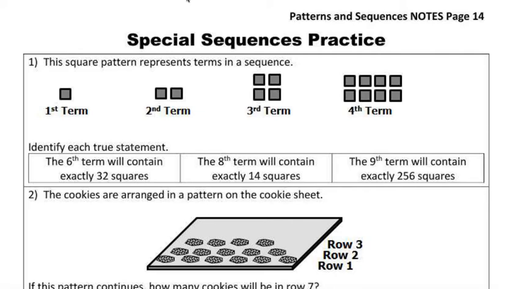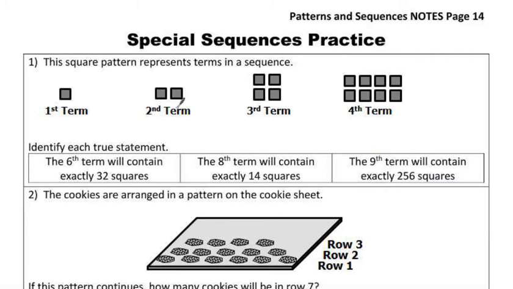So if we look at the first problem here, it says this square pattern represents the terms in a sequence. Identify each true statement. So we have three different pieces to choose from. It says the sixth term will contain exactly 32 squares, the eighth term will contain exactly 14 squares, and the ninth term will contain 256 squares.